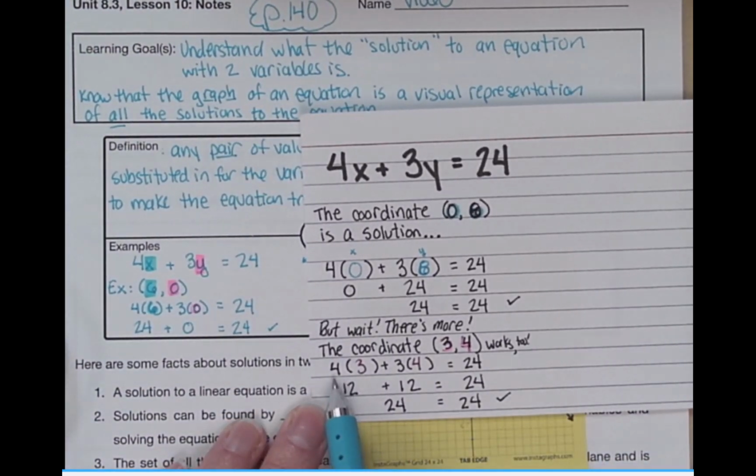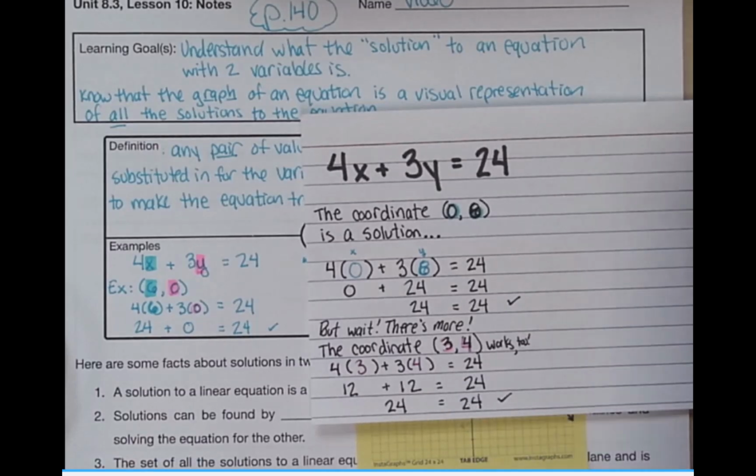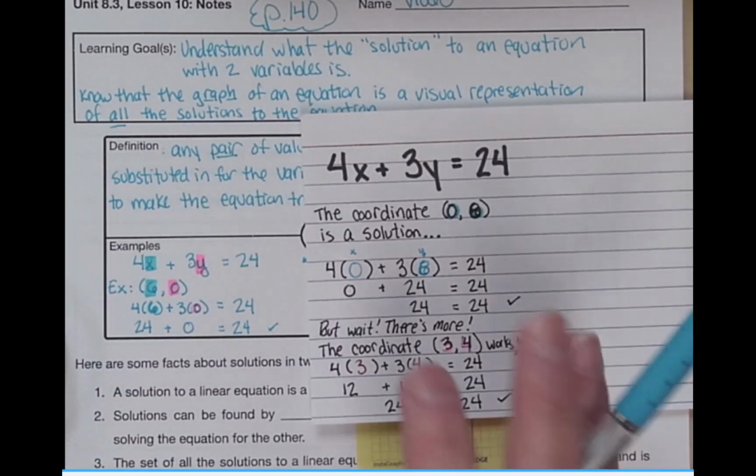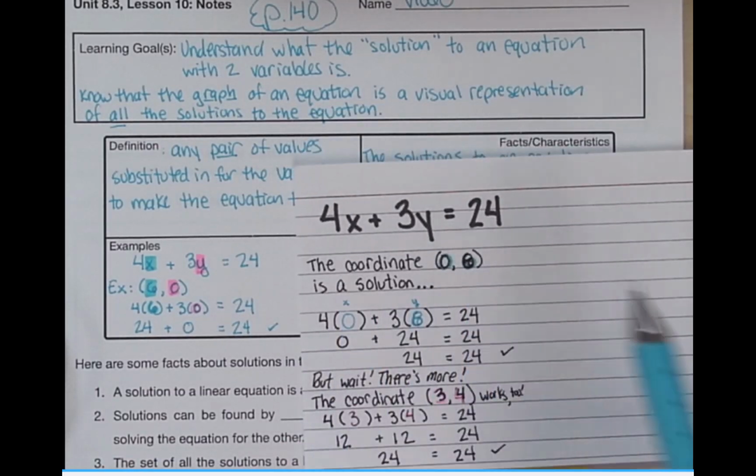I still have the equation 4x plus 3y equals 24, but I've substituted 3 in for x and 4 in for y. And when I did that, I got 12 plus 12 equals 24, which checks out again. So the point (3, 4), the x value 3, the y value 4, is another solution to this equation.